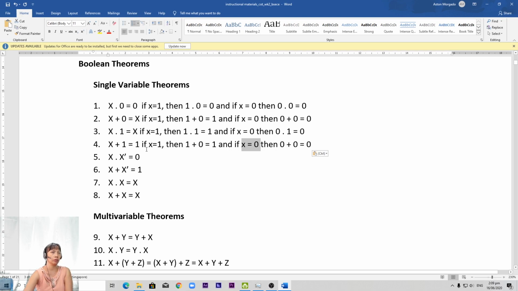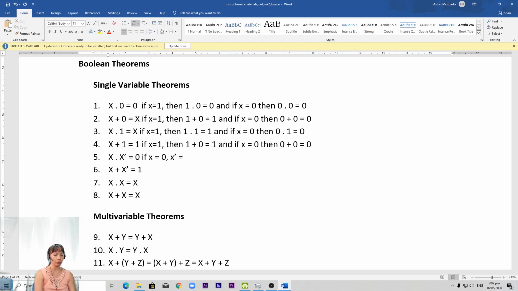Okay, true. So when we say x prime here, that means the invert of x. So if x is 0, then x prime is equal to 1. Or vice versa, if x is 1, then x prime is 0.